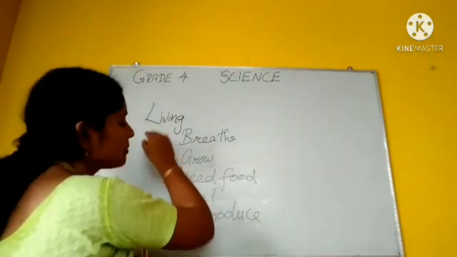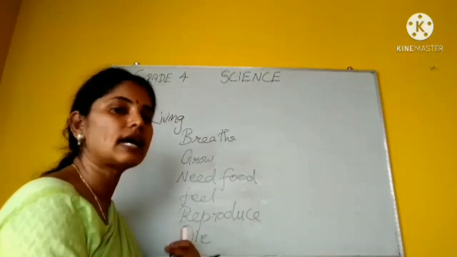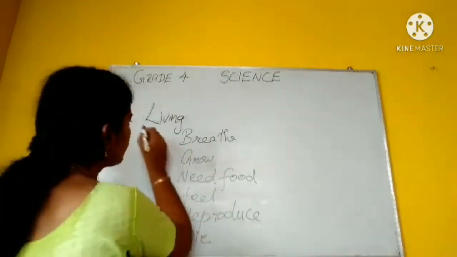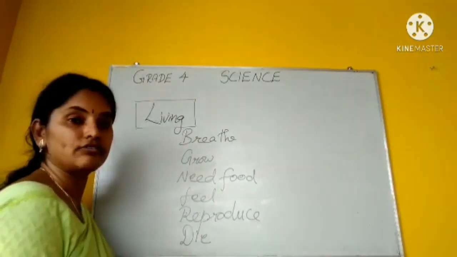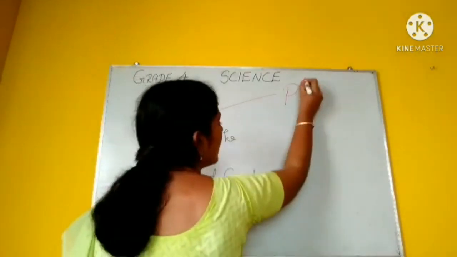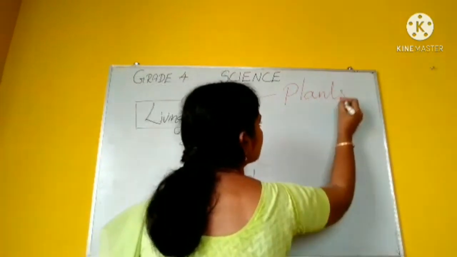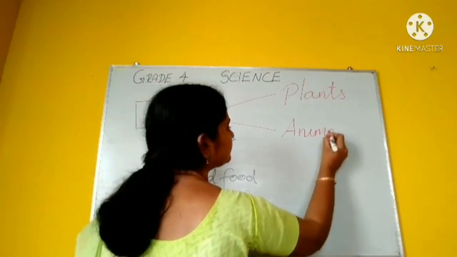Okay. So coming to living things: plants and animals. What are the living things we are seeing? The living things are plants and animals.